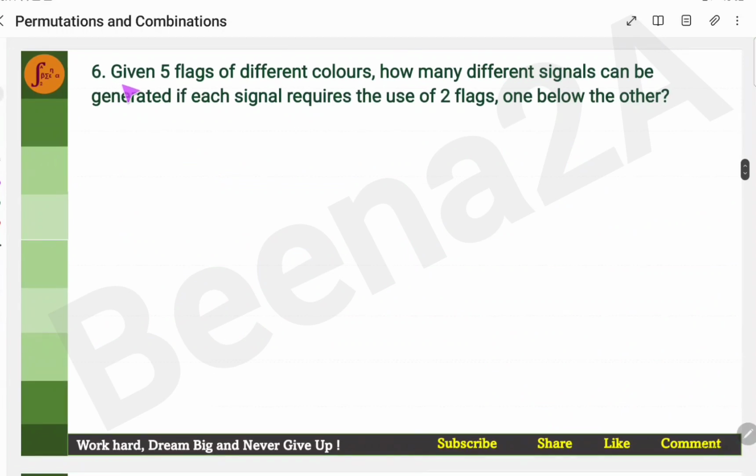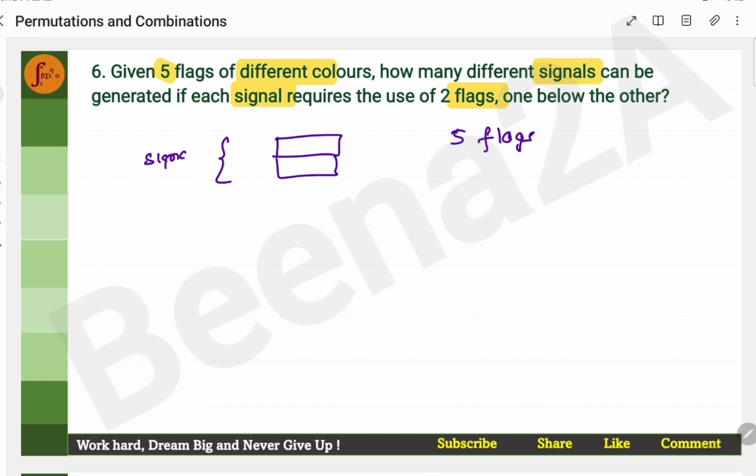Now let's look at the sixth problem. Given 5 flags of different colors, how many different signals can be generated if each signal requires 2 flags, one below the other? I have 5 flags and have to use 2 to form a signal.